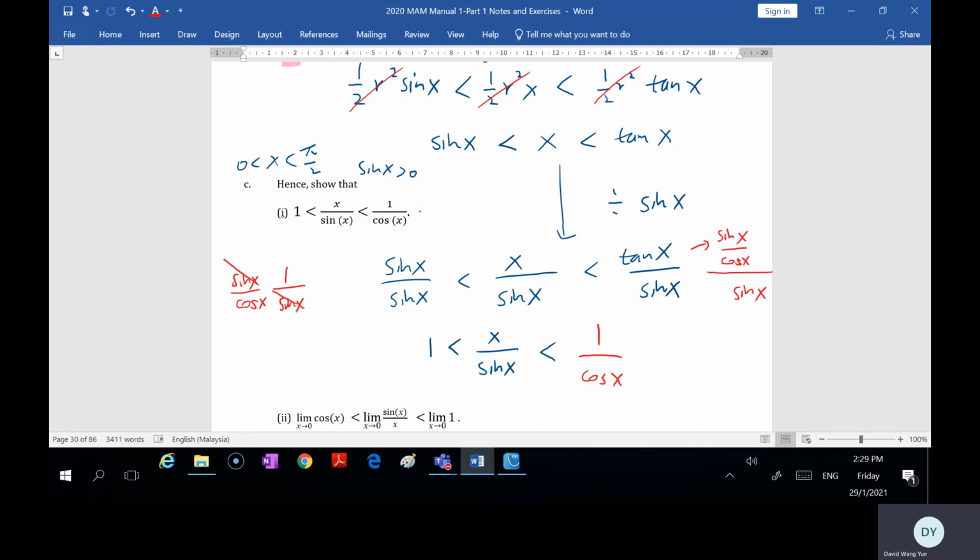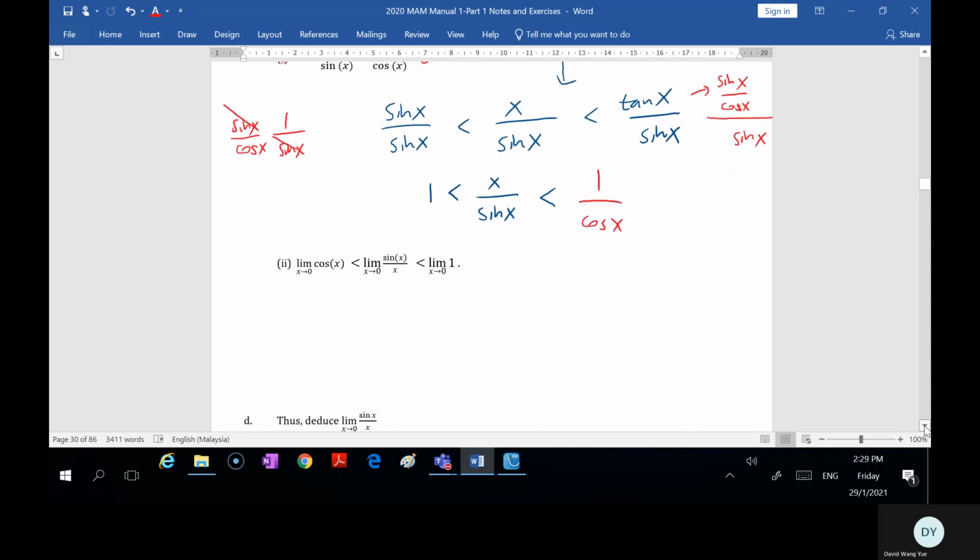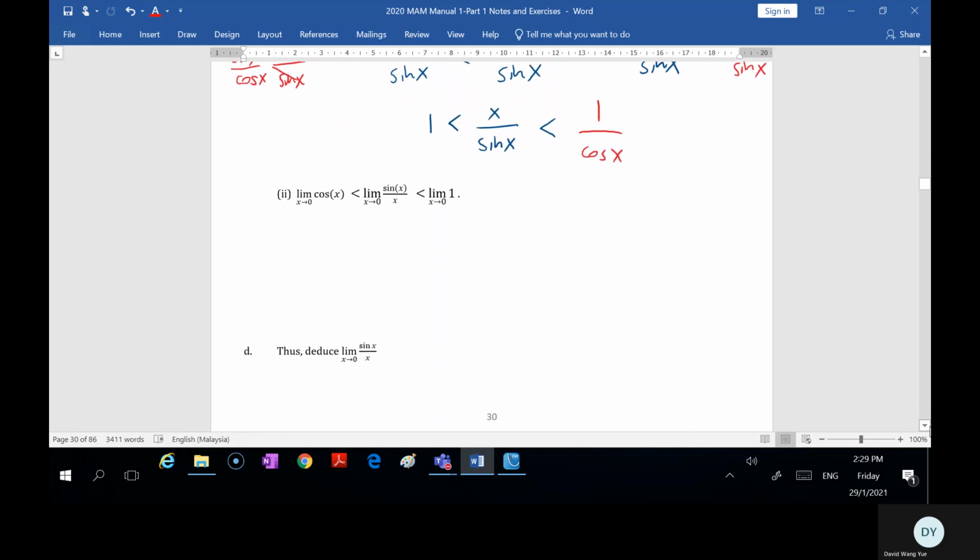Now we show that 1 is less than x over sin x, which is less than 1 over cosine x. This conclusion is derived from the previous one, sin x less than tangent x. Now after that, let us take the reciprocal.